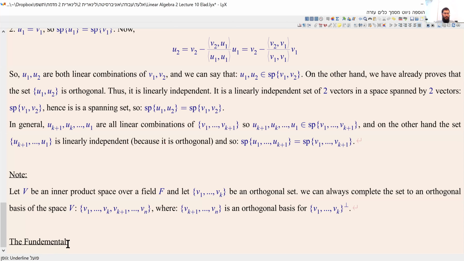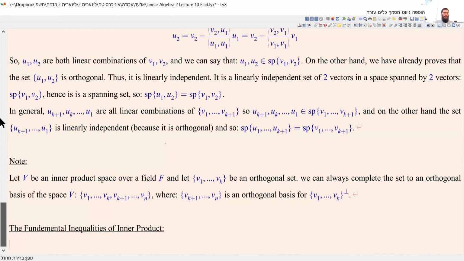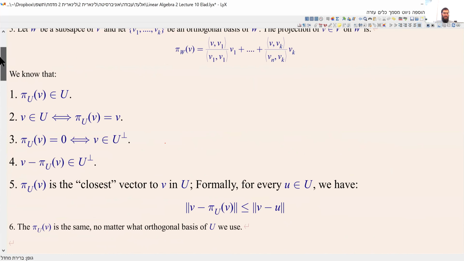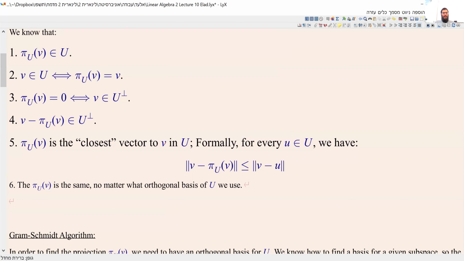The fundamental inequalities of inner product. Now, we have already mentioned that the projection is the closest vector to V in U, which means that the norm of the space is whatever it is.